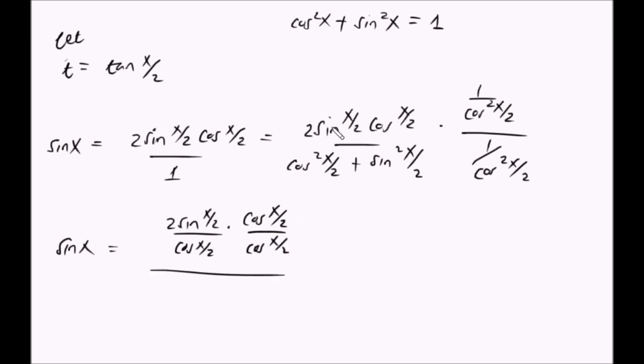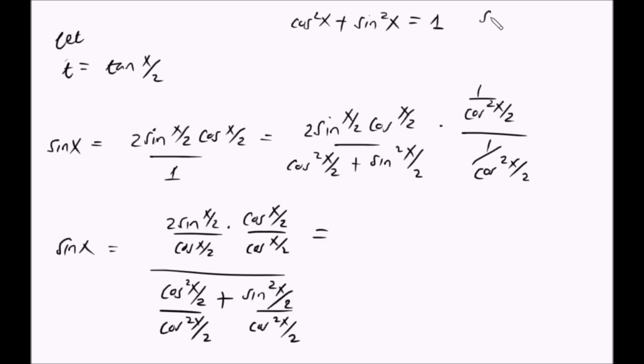Ndio hii juu ukiingiza is cos squared, kwa hiyo cos times cos ni cos squared. And then hapa sasa tutakuwa na hii cos squared x over 2 over cos squared x over 2 plus sin squared x over 2 over cos squared x over 2.